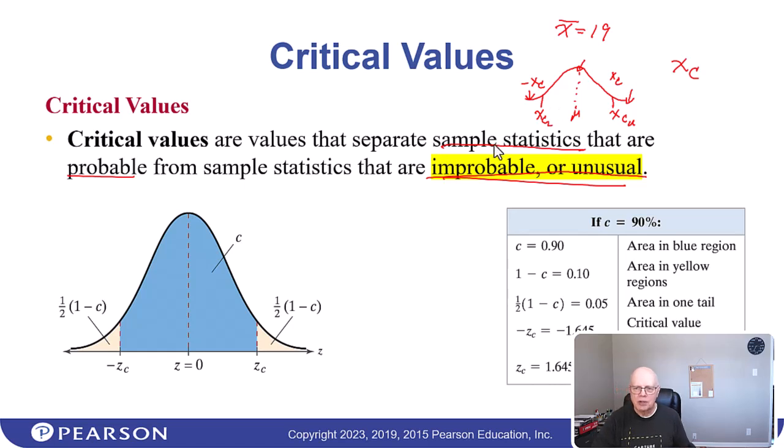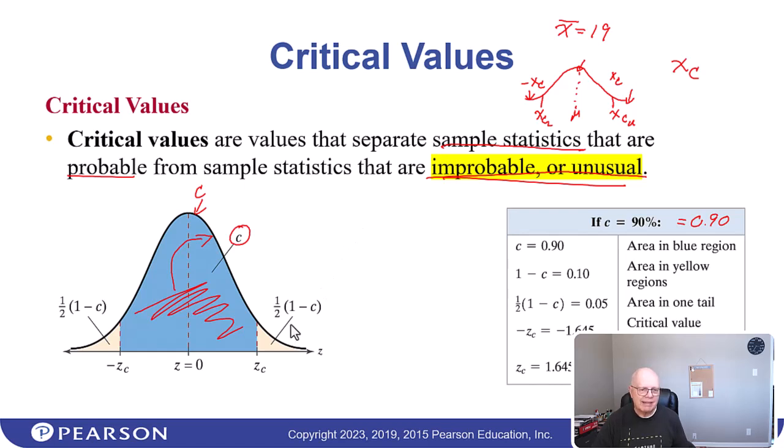Here's a picture. We're talking about C being 90%. Remember, you'd write that as 0.90 for the calculator. It likes that. Now, for confidence intervals, that C is right in the middle. All of this represents the area that's represented by C. Now, C isn't 100%.